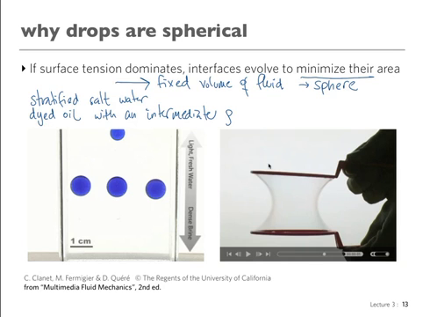Let me just point out that this is a minimal surface subject to some constraints, and the constraint is that the top and the bottom are attached to those two rings. That is a constraint, and this is another minimal surface subject to that constraint.